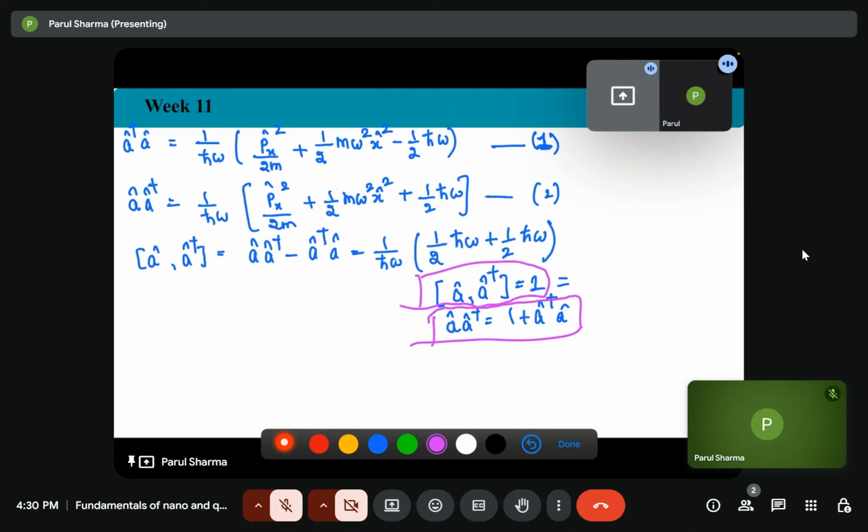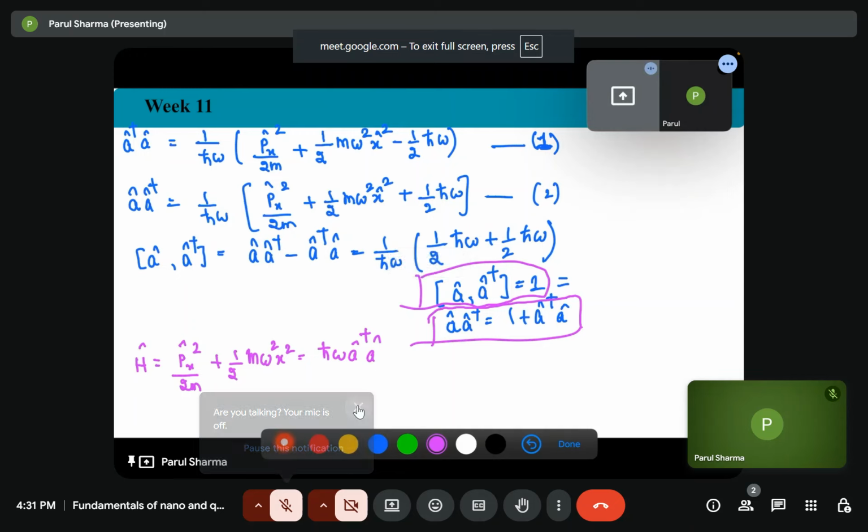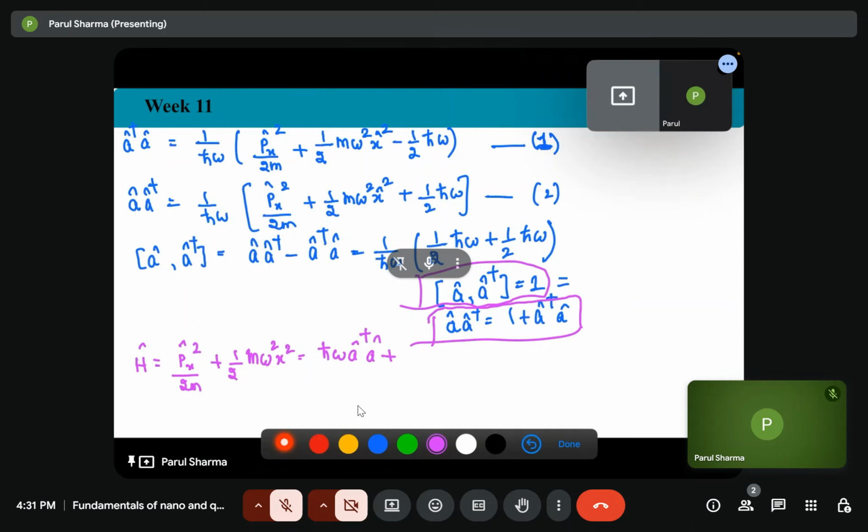So now, if we want to write our Hamiltonian in terms of annihilation and creation operators, we can write from equation 1 that H is equal to h cross omega (a dagger a plus 1 by 2).